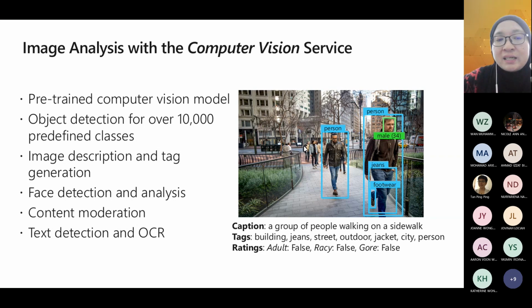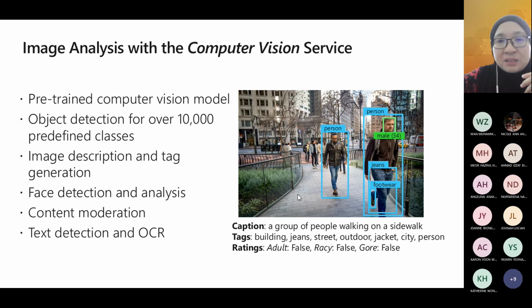It would detect and analyze human faces, including gender identification as well as age estimation. It enables content moderation by identifying images that contain adult or racy content. It can also detect and extract text in images, which we'll explore in depth in a later module.